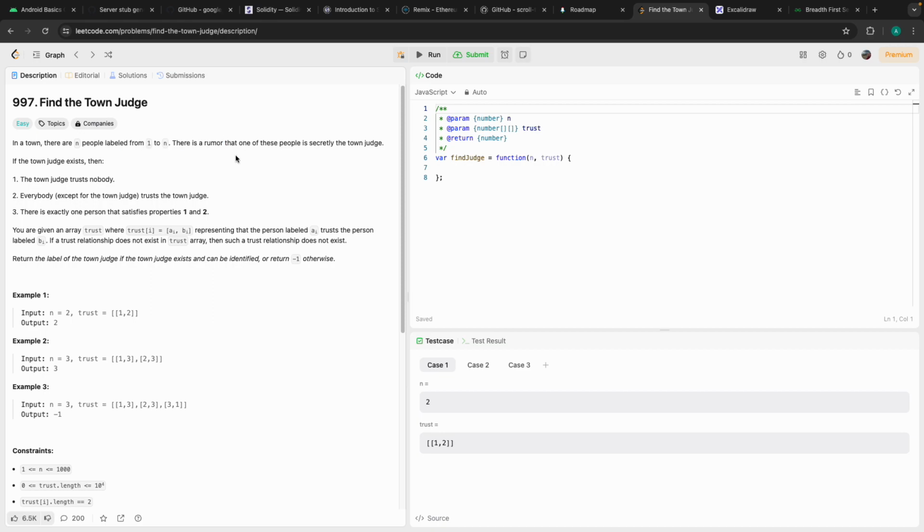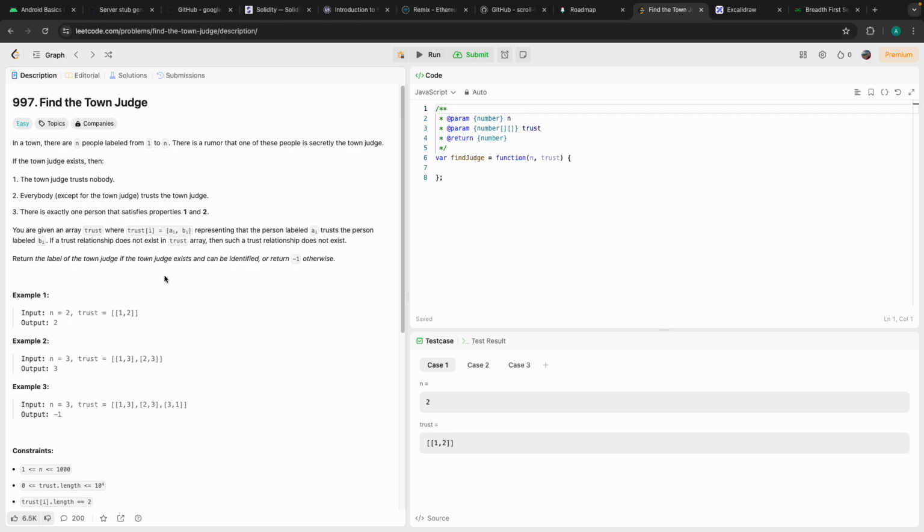There is a rumor that one of these people is secretly the town judge. If the town judge exists, then the town judge trusts nobody. Everybody except the town judge trusts the town judge. There is exactly one person that satisfies properties 1 and 2.